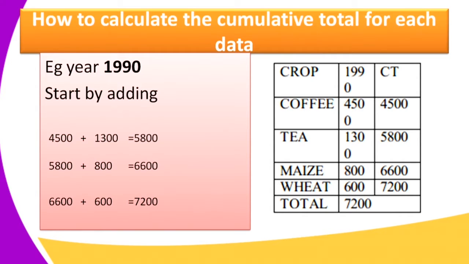So 4,500 plus 1,300 we get 5,800, 5,800 plus 800 we get 6,600, 6,600 plus 600 we get 7,200. So this is the cumulative data, the cumulative total for year 1990.